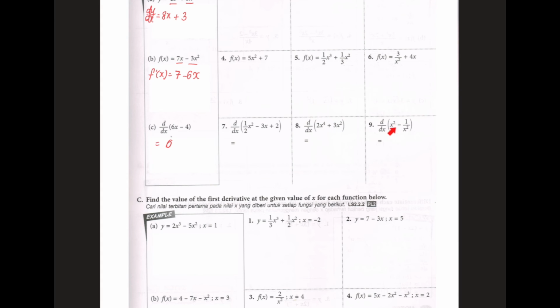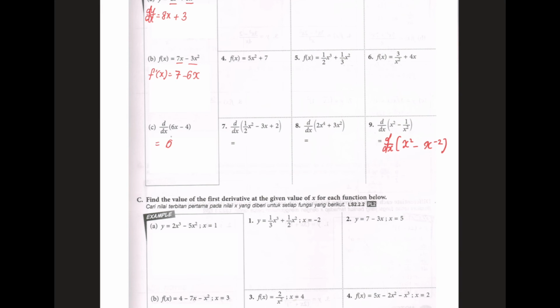How to present the answer? When you have something like this, this one is getting ready for differentiation, but this one is not getting ready because you need to bring it up first. So you have to write back the whole thing, d over dx, x squared minus x minus 2.